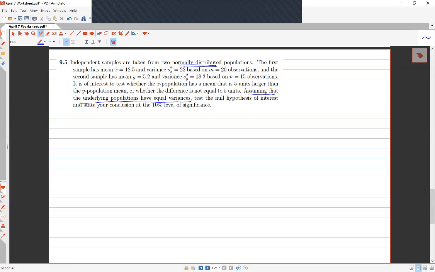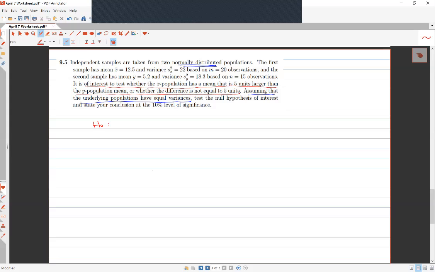And when we're fishing out what our hypothesis is, it says it's of interest to test whether the X population has a mean that is 5 units larger than the Y population, or whether the difference is not equal to 5 units. We want to do this test and state a conclusion at the 10% level of significance.